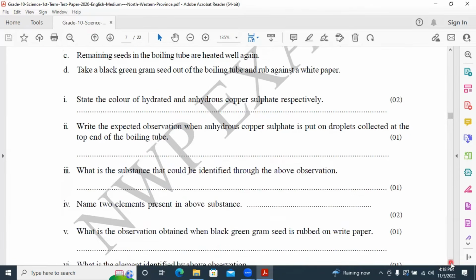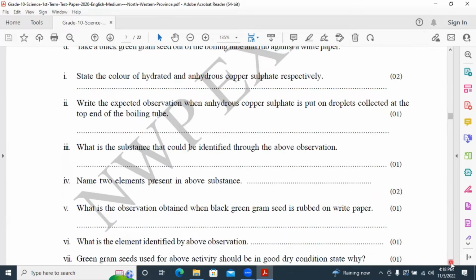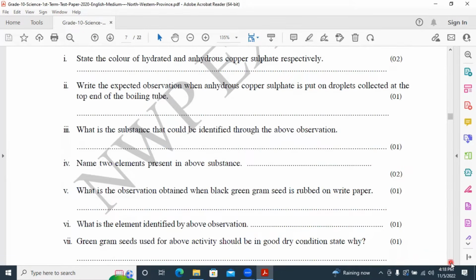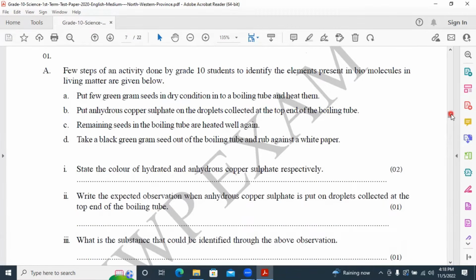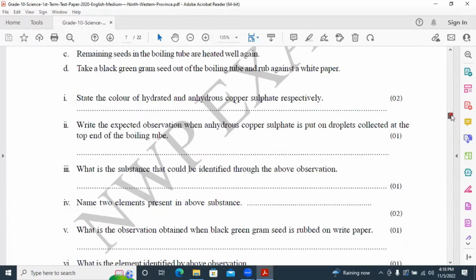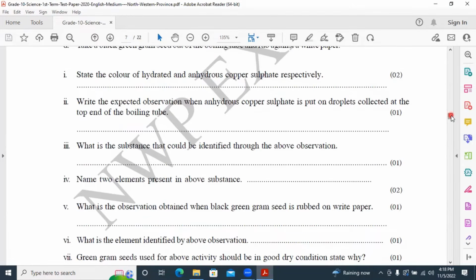The anhydrous copper sulfate turns to a blue color because the droplets are water droplets. That means the green gram contains water. The answer is white color turns to blue color.